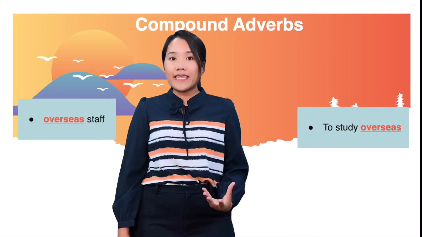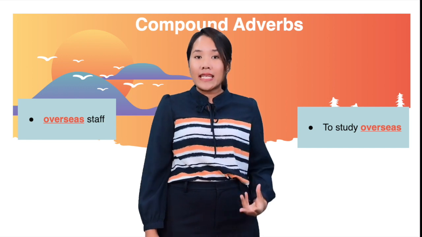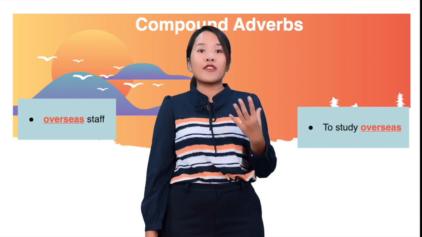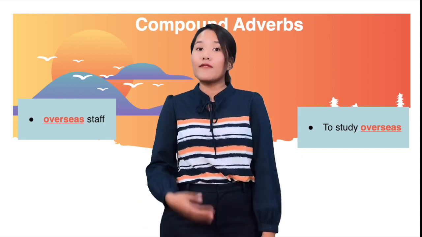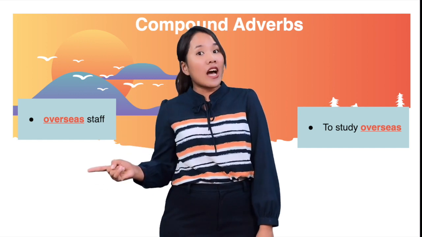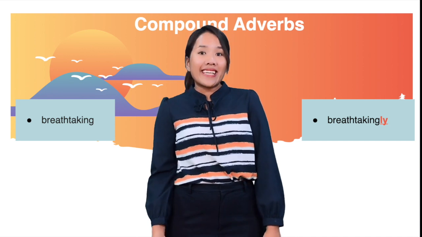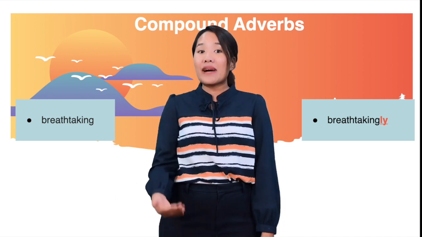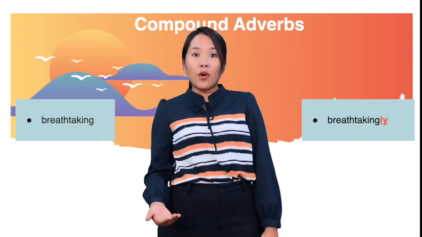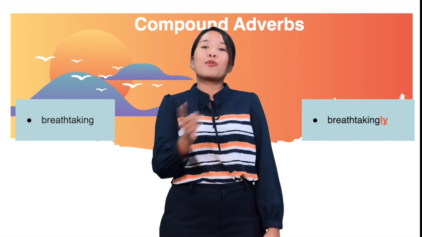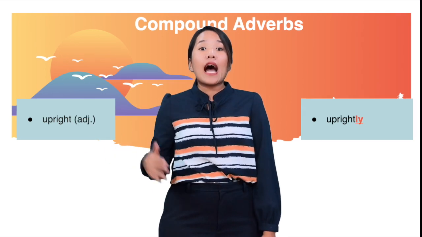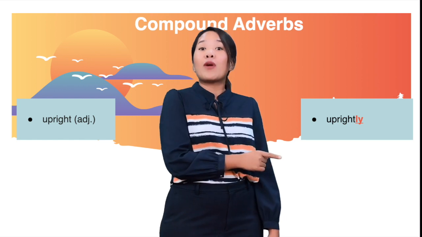Compound adverbs are mostly formed by way of conversion from compound adjectives. For example, overseas, as in to study overseas, or by adding the suffix -ly to compound adjectives. For example, breathtaking to breathtakingly, or upright to uprightly.